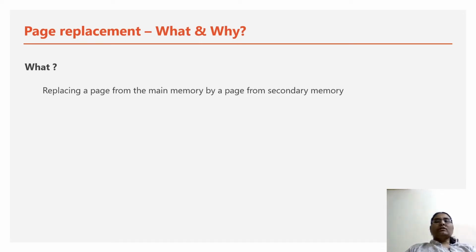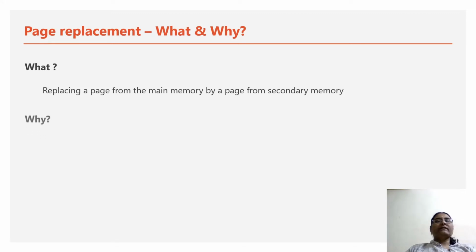To implement this, we have a concept called page replacement. That is, remove the existing page from the main memory queue and bring the required page into it. That's what is called page replacement: replacing a page from the main memory by a page from secondary memory.